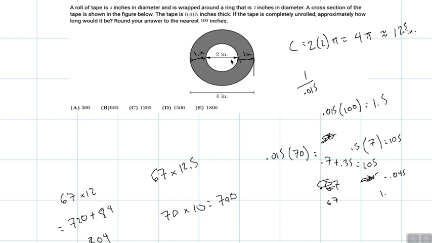Yeah, I'm pretty sure, yeah, the circumference is 4 pi. And then maybe this part of it getting closer.